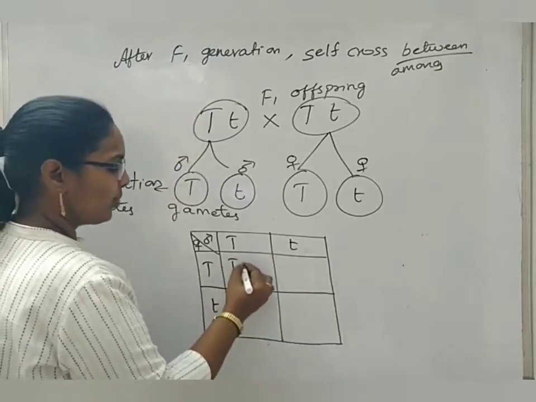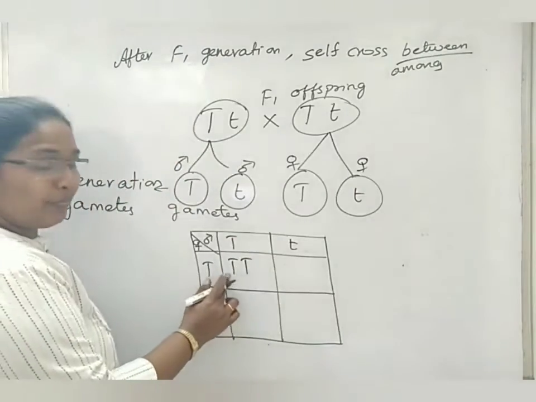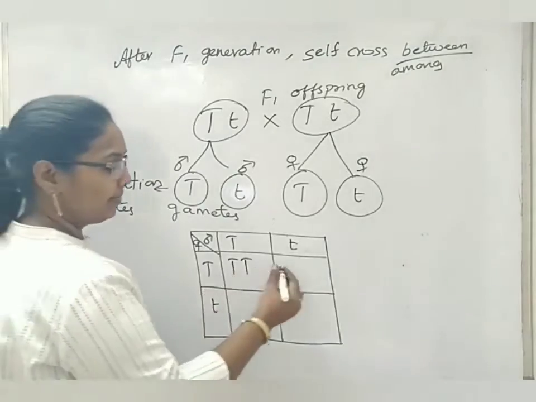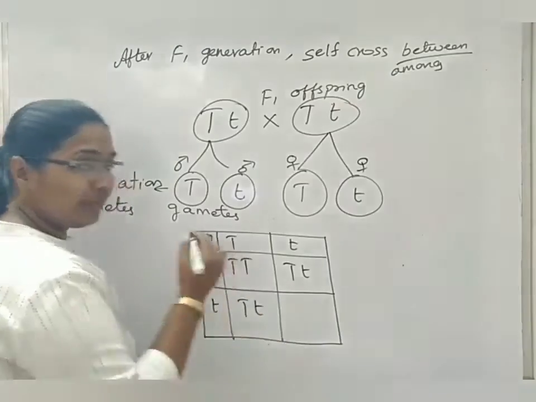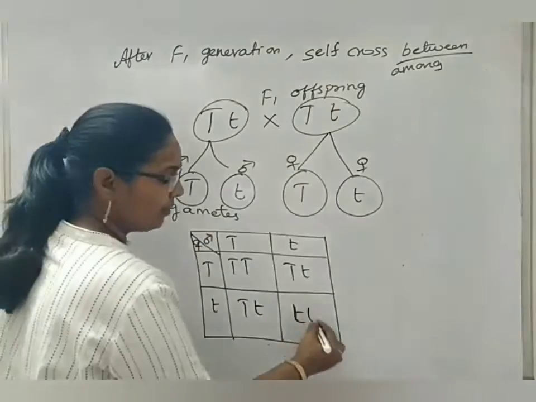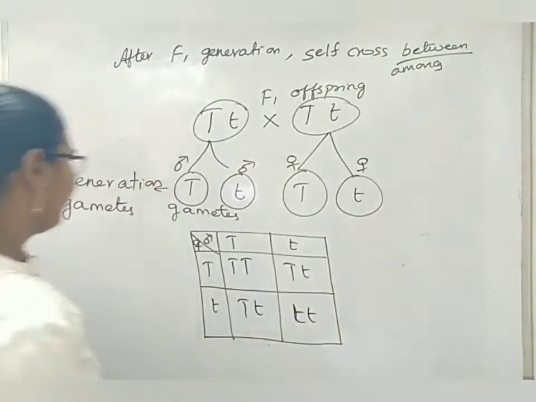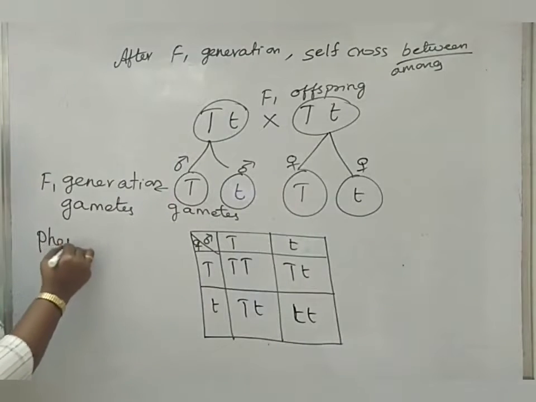Now, these two are crossed, and here we have got one offspring with homozygous alleles, another offspring heterozygous, another offspring with heterozygous alleles, another offspring with homozygous recessive alleles. Now let's write the phenotypes.